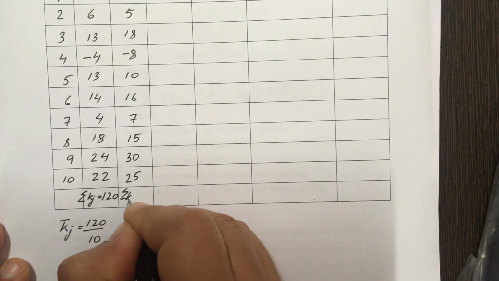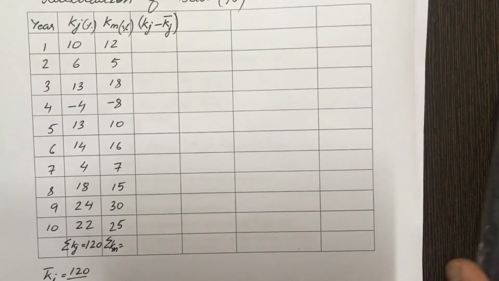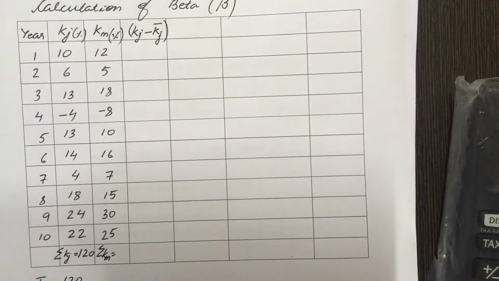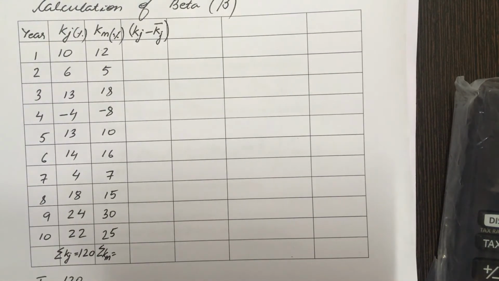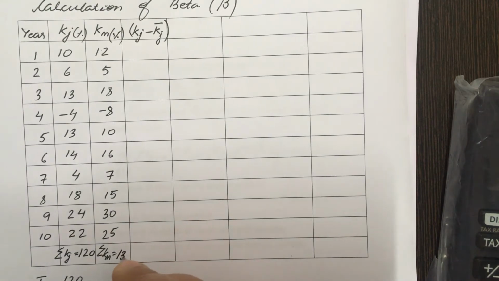Alright, that is 12. Same thing, we find out what is sigma Km. So add up, so that will be, that is 130.